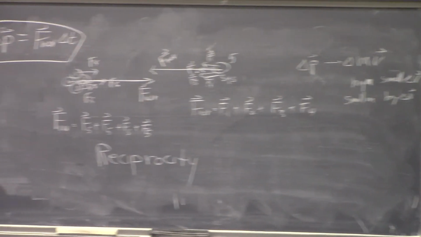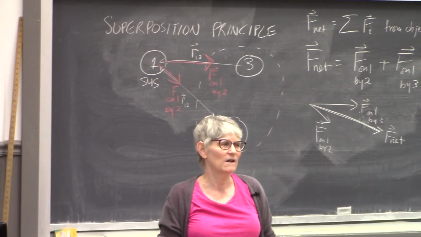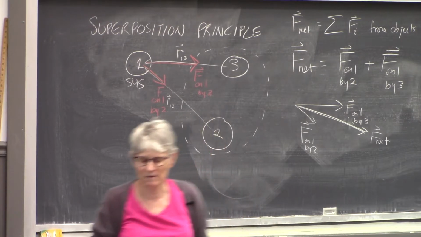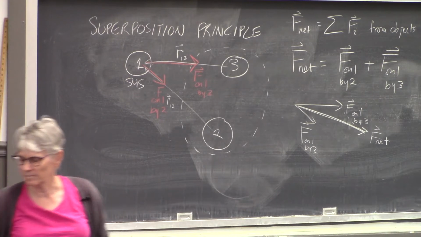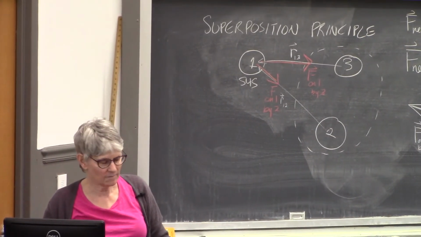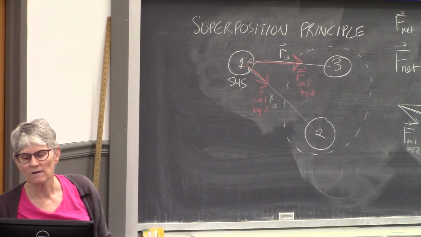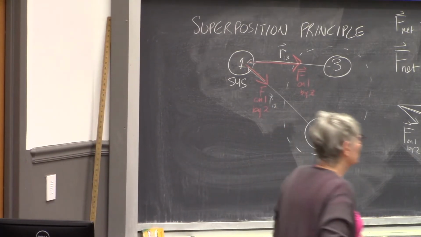So it is possible for these forces to be equal and opposite, and to make the momentum change the same, but to have a really different effect on velocity. Okay. Questions about gravitational forces now? Yep, okay.